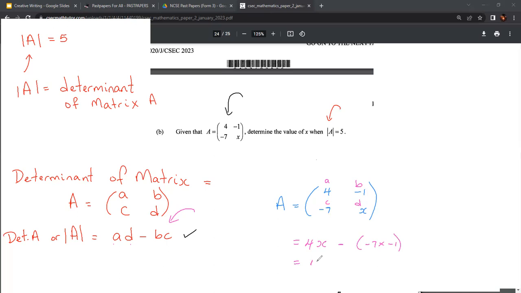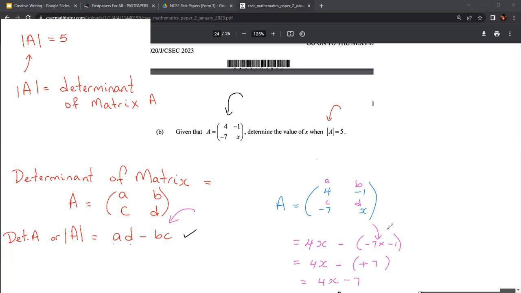And I'll end up with 4x minus 7 times -1, multiply like normal, right? So it's going to become +7. Use brackets if it confuses you, right? Remember, when I multiply these two, it becomes positive. So this becomes 4x minus 7.